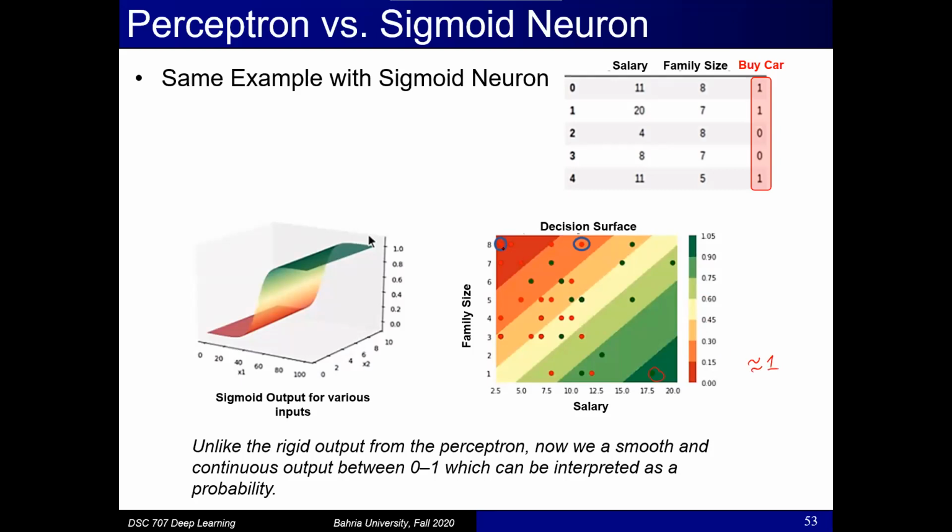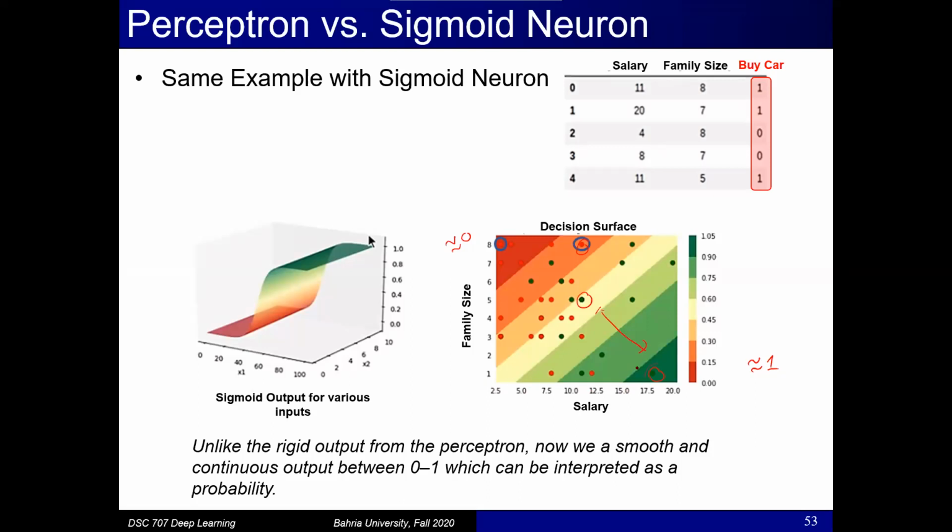This one is very close to 0, so his probability of buying a car is close to 0. But if you see this person, maybe he has a probability like 0.3 or 0.4, right? Similarly, this person and this person are not having the same value, which was 1 in the previous example. This one has a higher probability as compared to this one because he has a very small family and his salary is quite good.